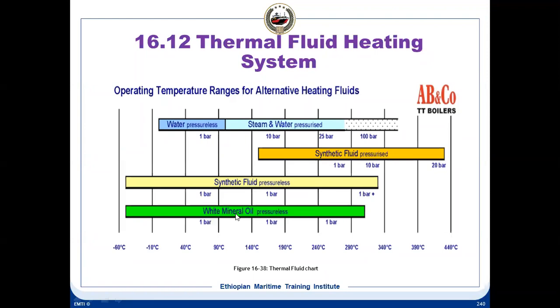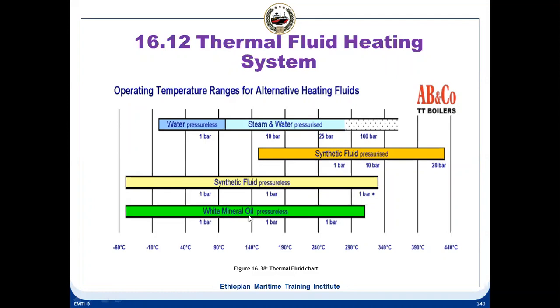The lube oil which we use on board is normally always mineral oil based, and mineral oil is one of the byproducts of crude oil. So suddenly you find that the lube oil prices have shot up. That's because the base oil prices have really shot up.